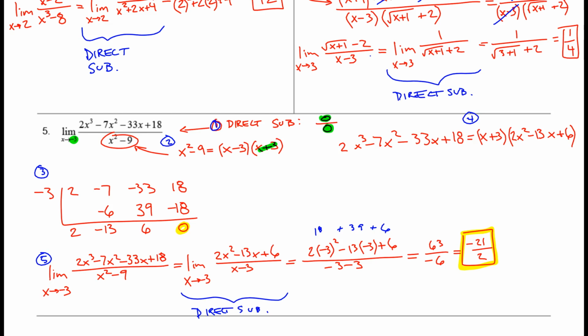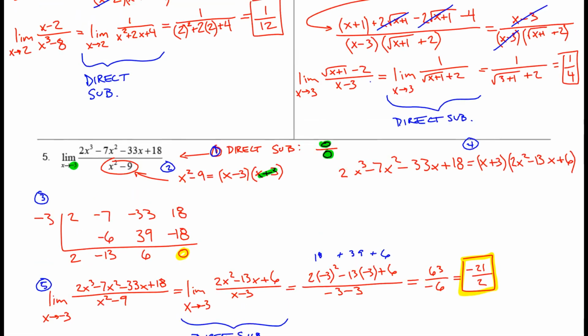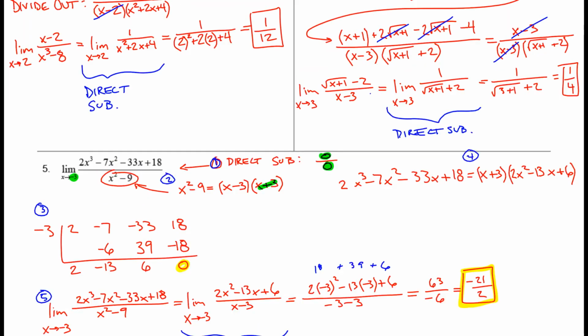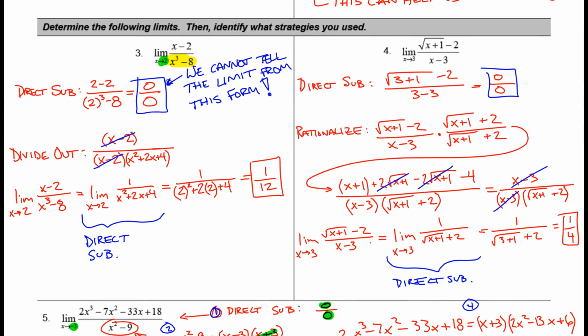Okay, this video is getting a little long, so I want to shut it down here. But I do want to say one last thing, and it actually trickles over onto the next page. I've made a point of saying we cannot tell the limit from this form, 0 divided by 0, and that showed up several different times.